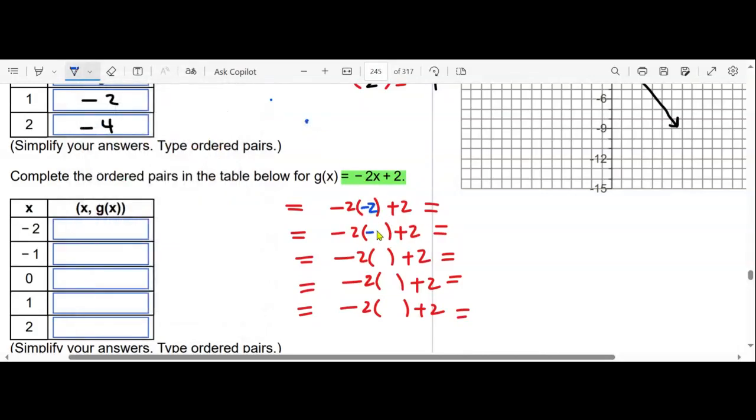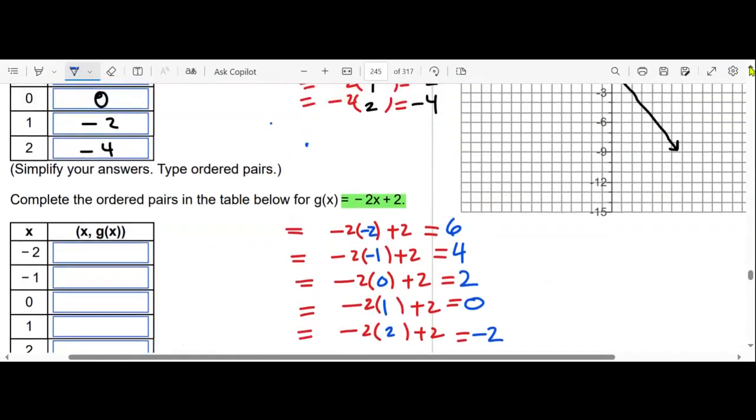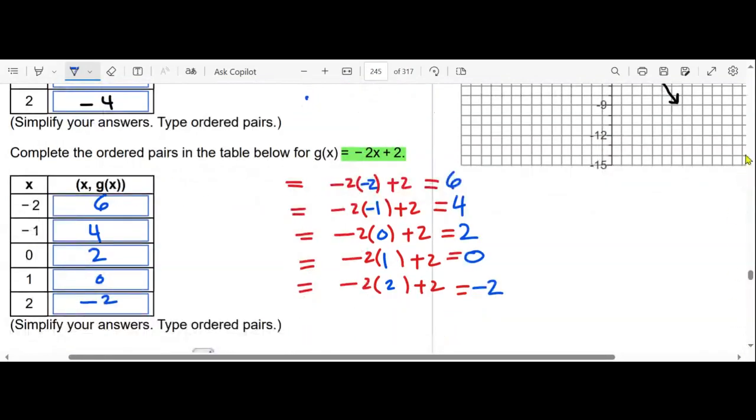We have -2, -1, 0, 1, and 2. -2 times -2, 4, plus 2. -1 times -2, 2, plus 2. 0 times -2, plus 2. -2 times 1, 0. -2 times 2, minus 2. And then you go and grab this. So you have 6, 4, 2, 0, -2. Is this clear?